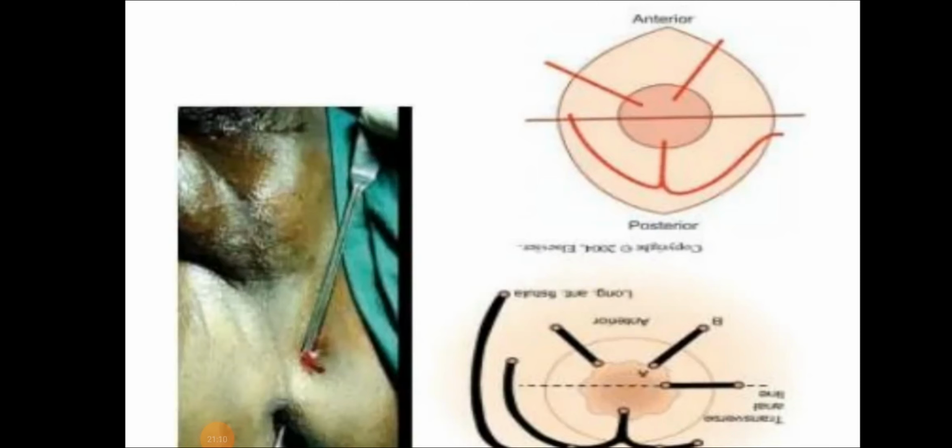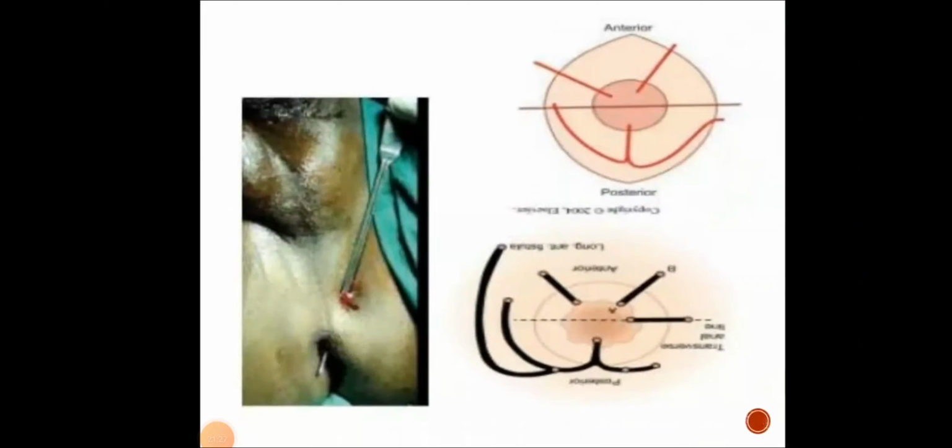The exception is, even though it is anterior, if it is away from the anus, around 3.75 centimeter away, then it will be a curved track only, and it will open into the posterior midline. That is the Goodsall's rule. That is important in case of fistula in ano.